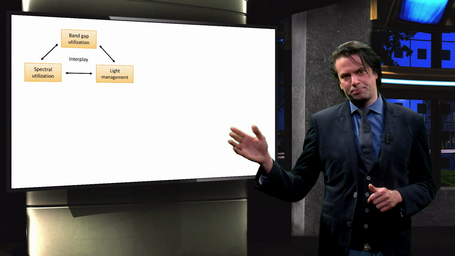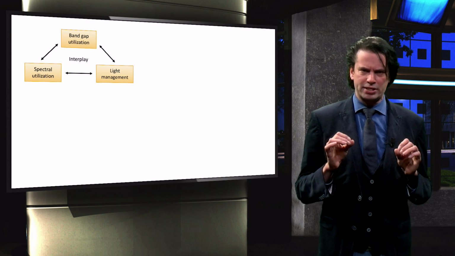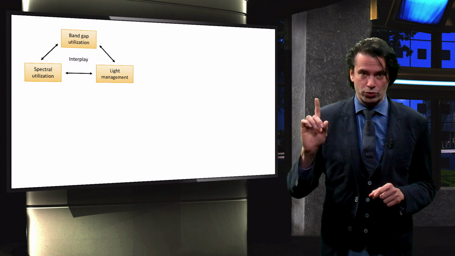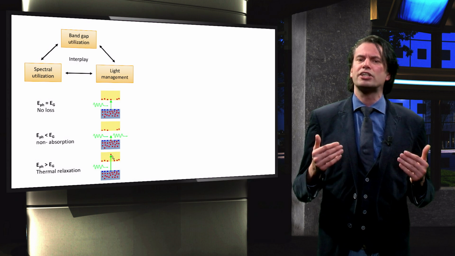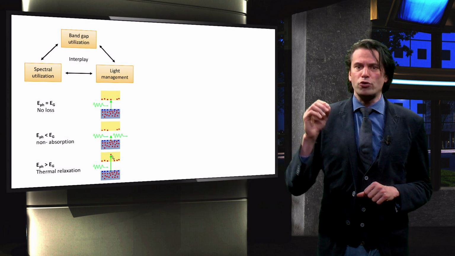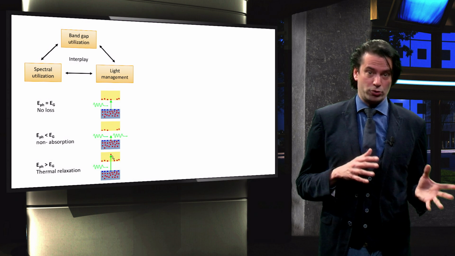So in summary, we saw that all solar cells are subject to the same set of design rules, of which spectral utilization is one. We learned about the two main ways that losses can occur due to spectral mismatch. First, photons with a lower energy than the band gap will not be absorbed at all.